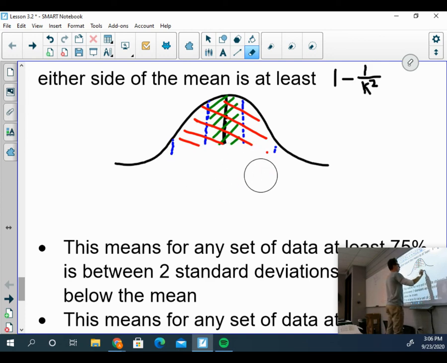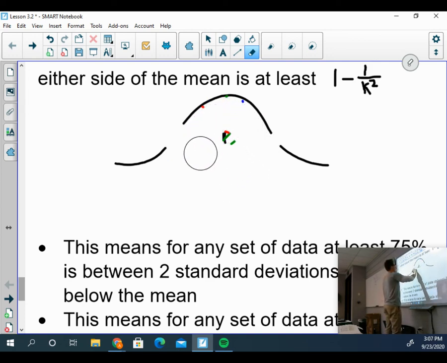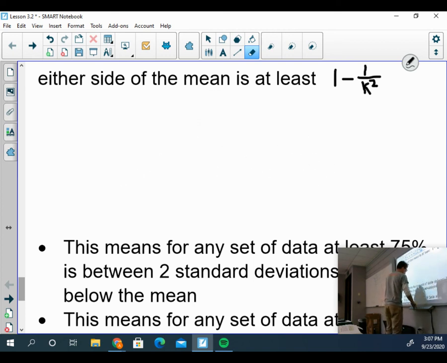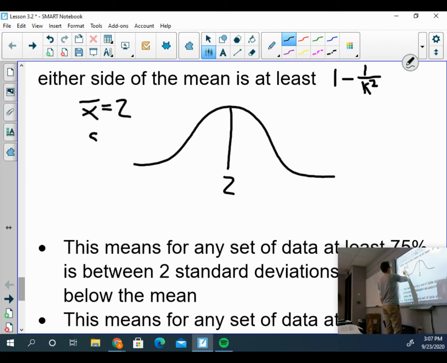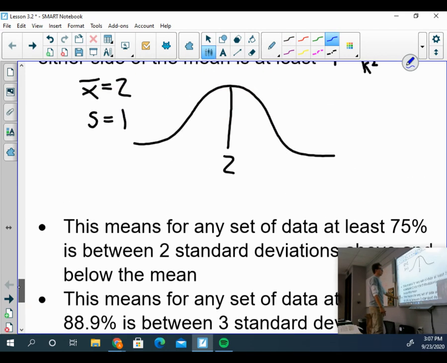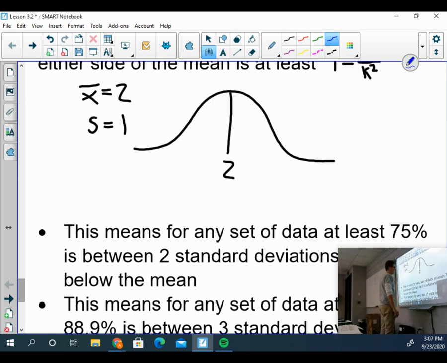So if this curve represents my data, if I have a set of data that has a mean of 2 and standard deviation of 1, then what this formula says, if the mean of the data is 2 and the standard deviation is 1, then I can guarantee, so this would be what? 3 and 1, 4 and 0.